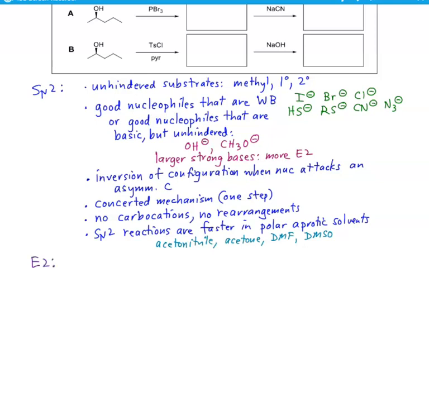E2, what we've seen about E2, that pathway occurs when you have tertiary or other sterically hindered substrates. And E2, in particular, is favored by strong bases, especially if they're hindered.